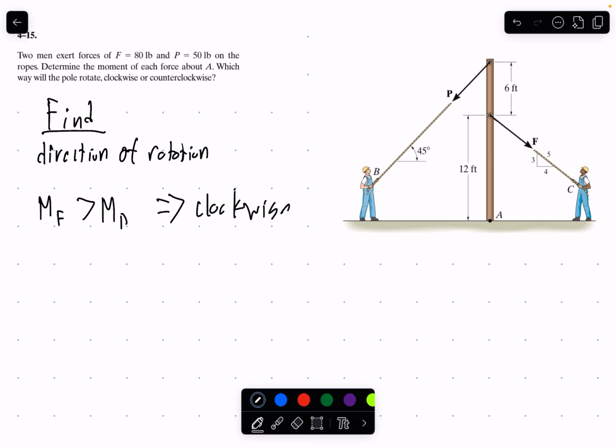And if the moment by P is greater than the moment caused by F, we'll go in the counterclockwise direction.